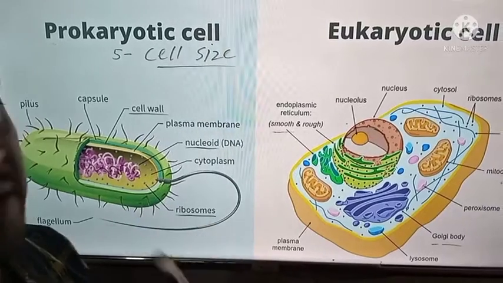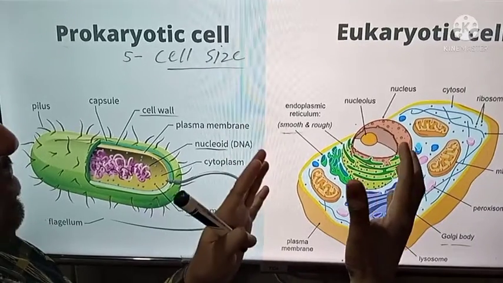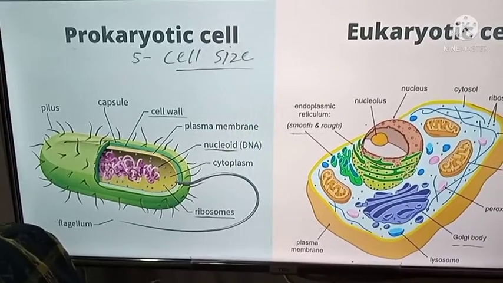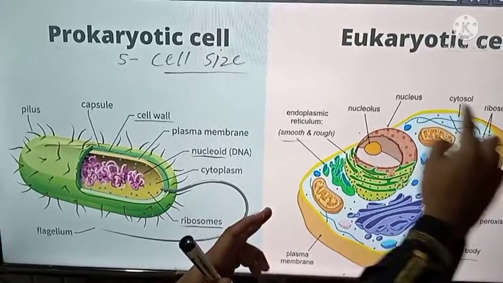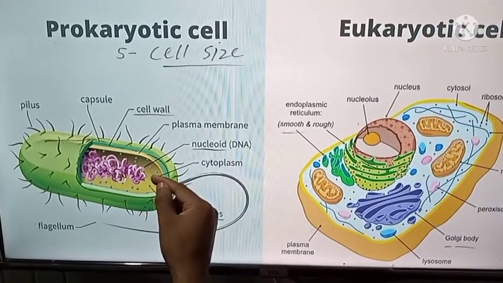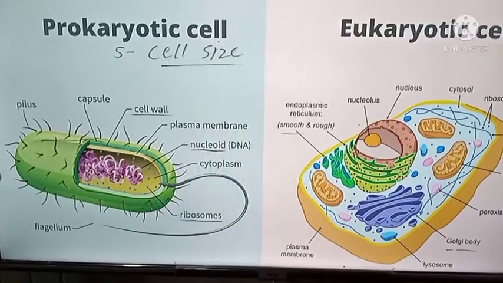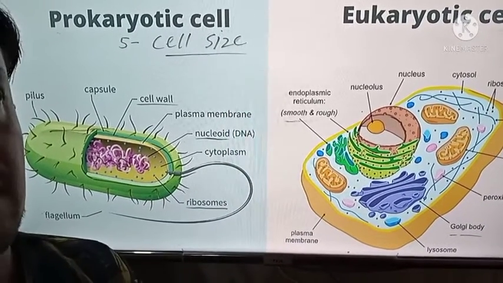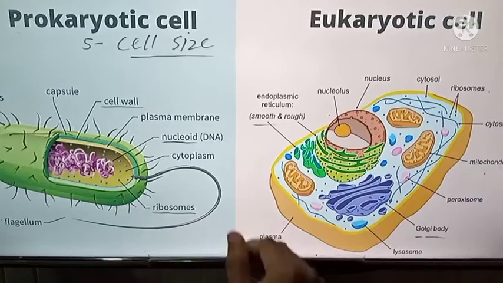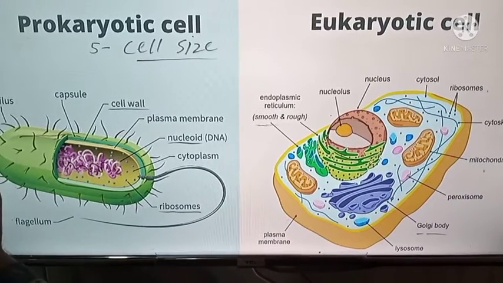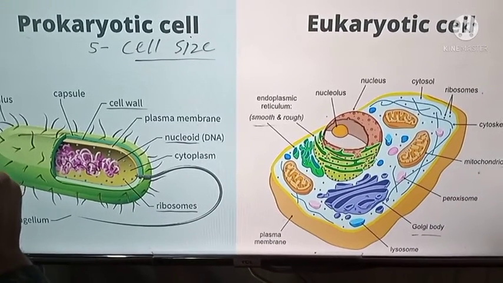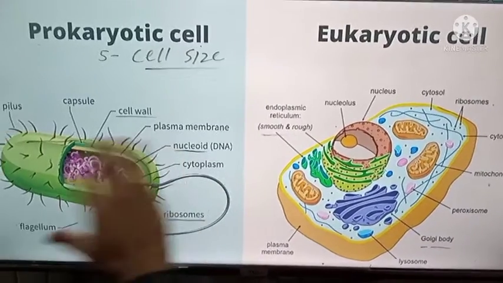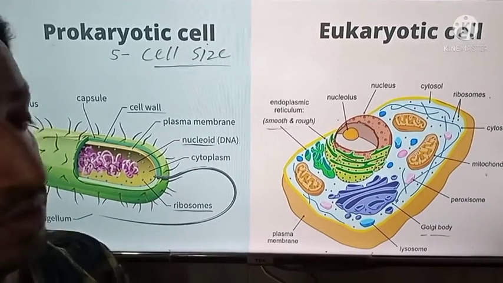Like our red blood cells are 10 times greater in size compared to a bacterial cell. So eukaryotic cells have a greater size compared to prokaryotes, and their sizes are measured in micrometers. For example, the eukaryotic cell size is 5 to 10 micrometers, and obviously the prokaryotic size is about 10 times less than that.